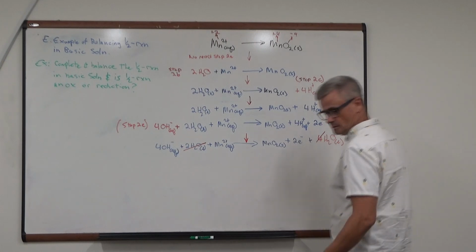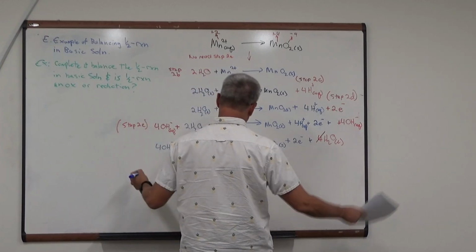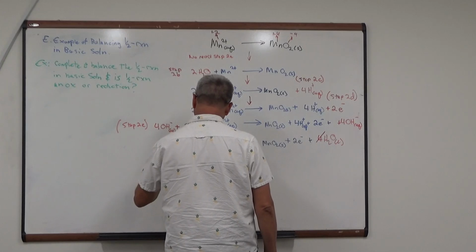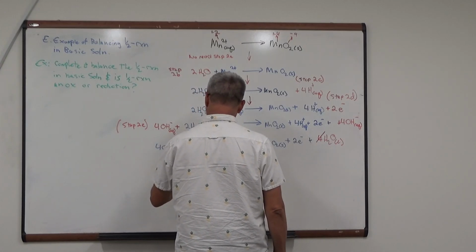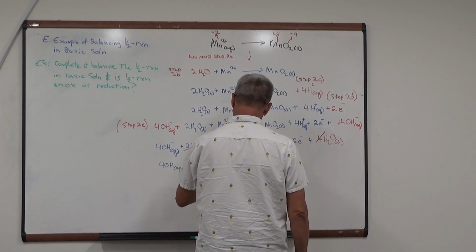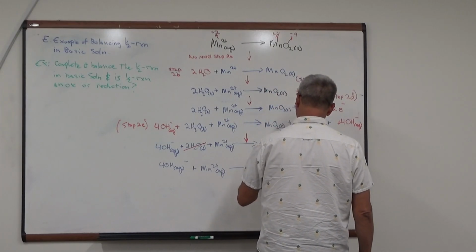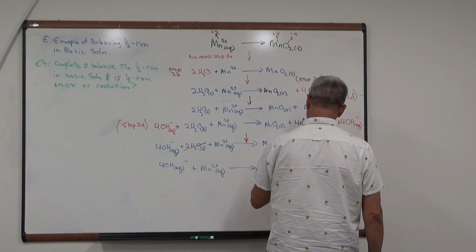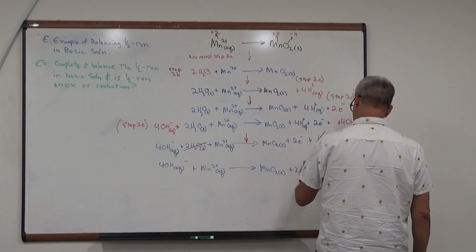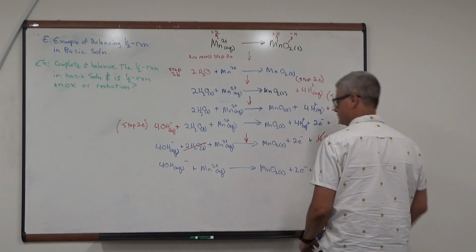The final balanced half equation in basic solution is 4 hydroxide plus manganese 2 plus gives manganese dioxide solid plus 2 electrons plus 2 waters.